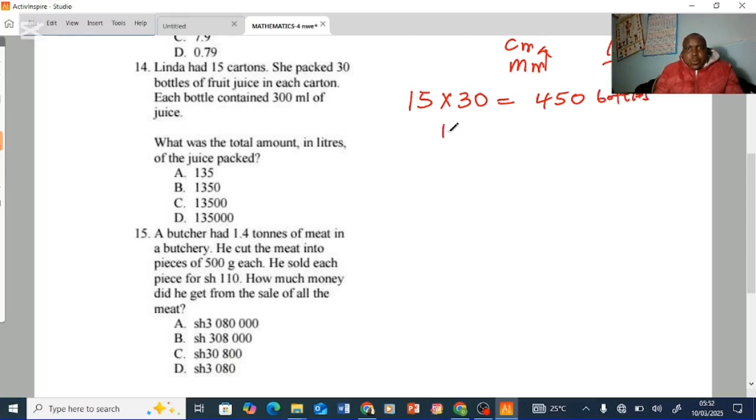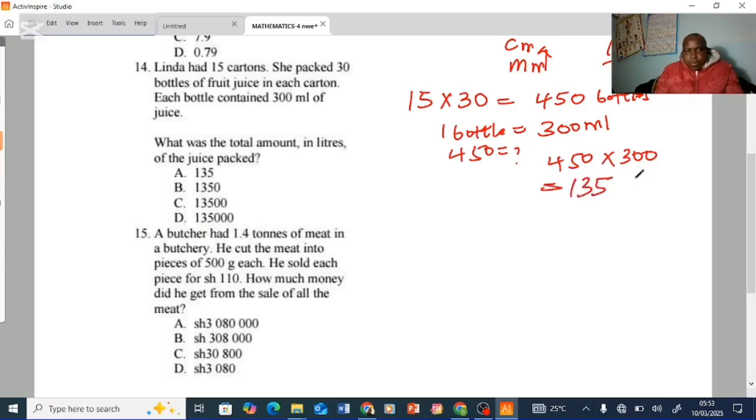1 bottle is equal to 300 milliliters. So how many milliliters will 450 bottles contain? So it is 450 times 300. That will be 135,000 milliliters. So remember that 1 milliliter is the same as 1 centimeter cubed.